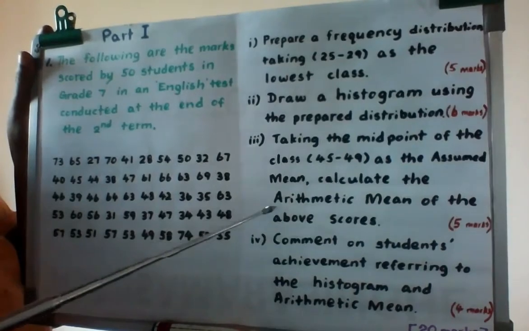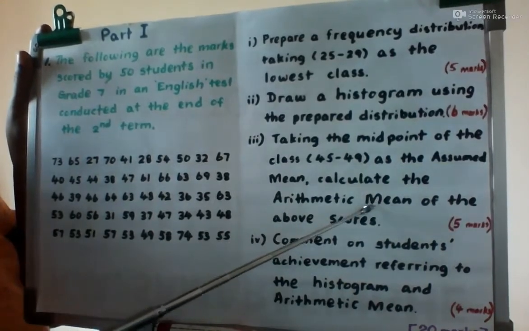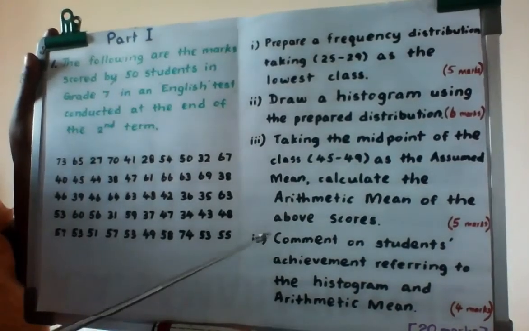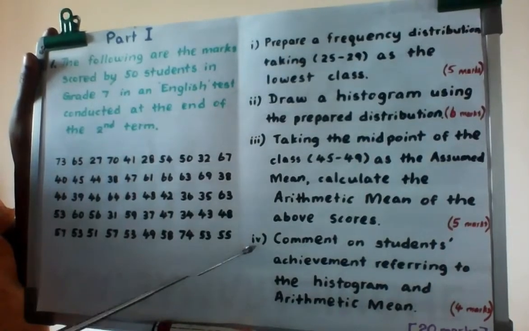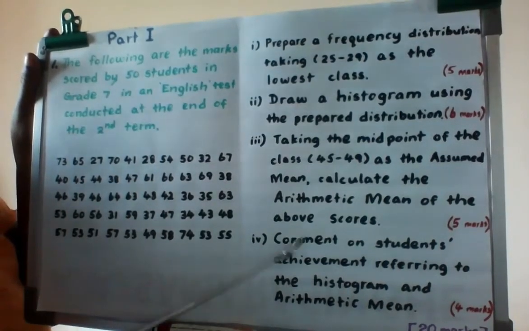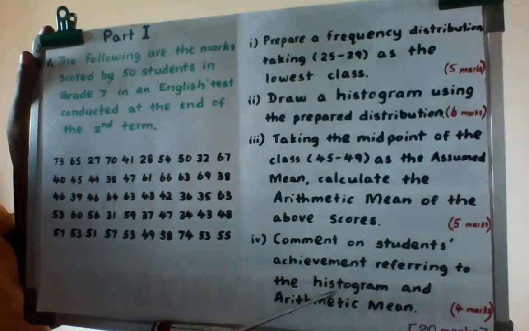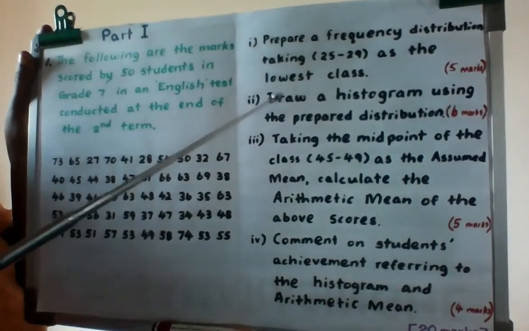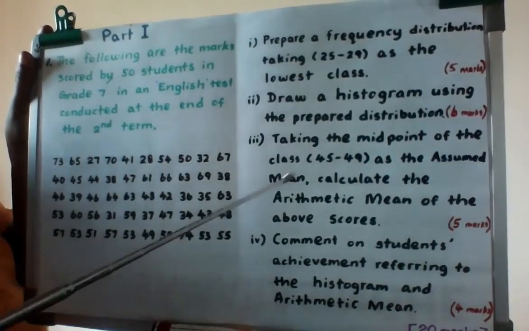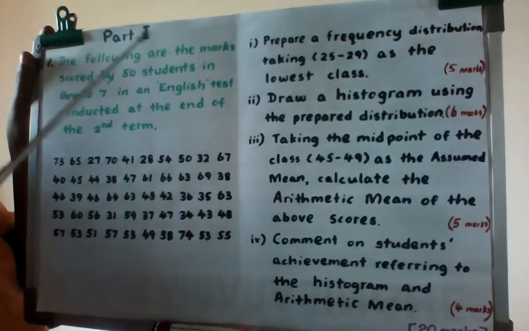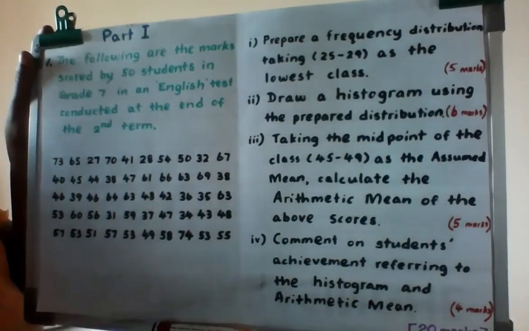So here you will have to calculate the arithmetic mean. And the fourth part, comment on students' achievement referring to the histogram and the arithmetic mean. So this is the interpretation part.